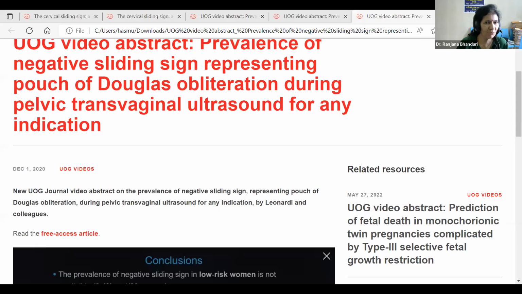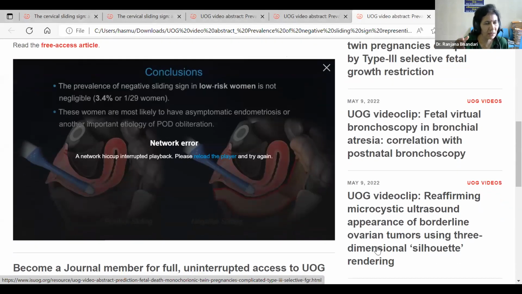In the invasive mole, when you do the vascularity, there is a lot of blood supply. But in choriocarcinoma, the myometrial thickness is very, very thin. It appears as if the structure is just coming out from the serosa. The myometrial thickness decreases, with a lot of vascularity within the choriocarcinoma structure.